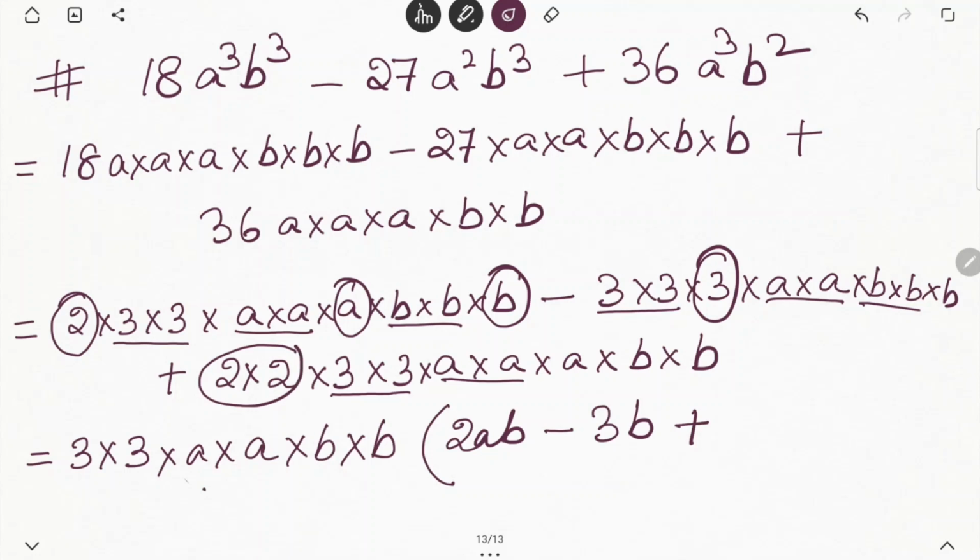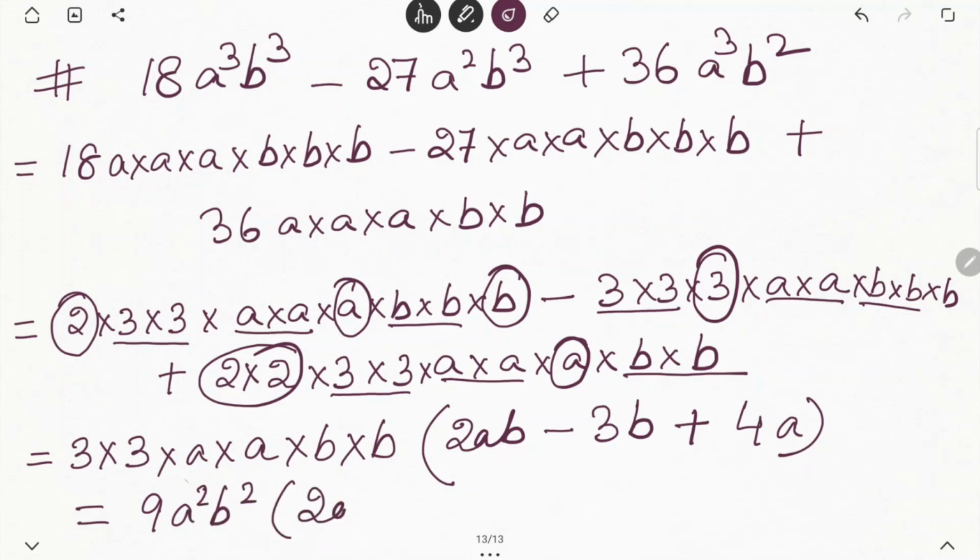A single a is left, okay, because b into b is taken out. So here I have 4a. So now I'll get this as 9a square b square into 2ab minus 3b plus 4a, okay.